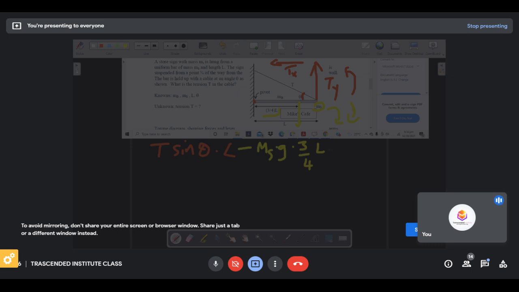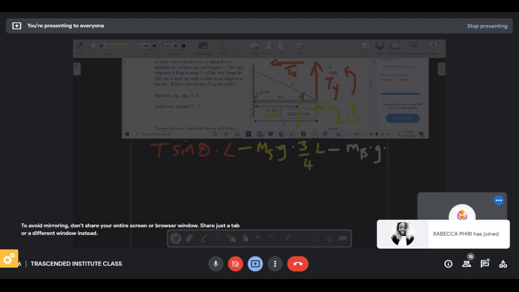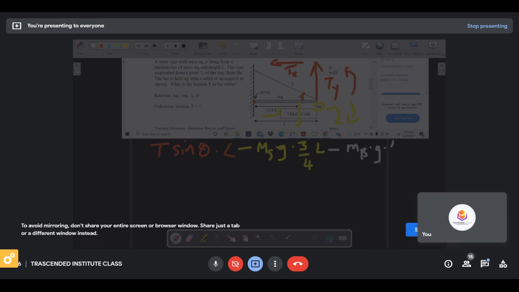It is also going to be negative. So the mass is given by mb, the mass of the bar, multiplied by gravity. Then how about the length? Half, L/2.